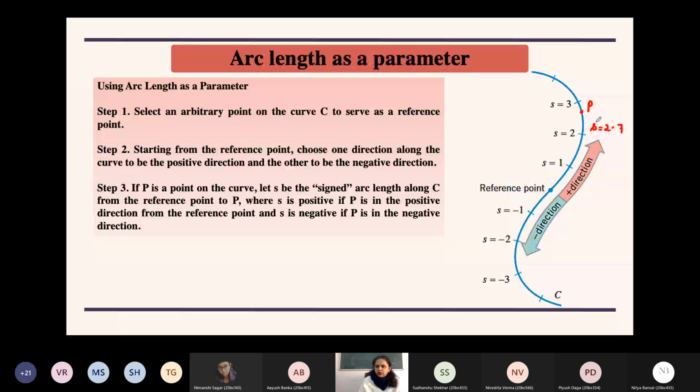So now my coordinates of P will be in terms of this particular parameter instead of the usual parameter t, which is usually denoting time or angle in some cases.